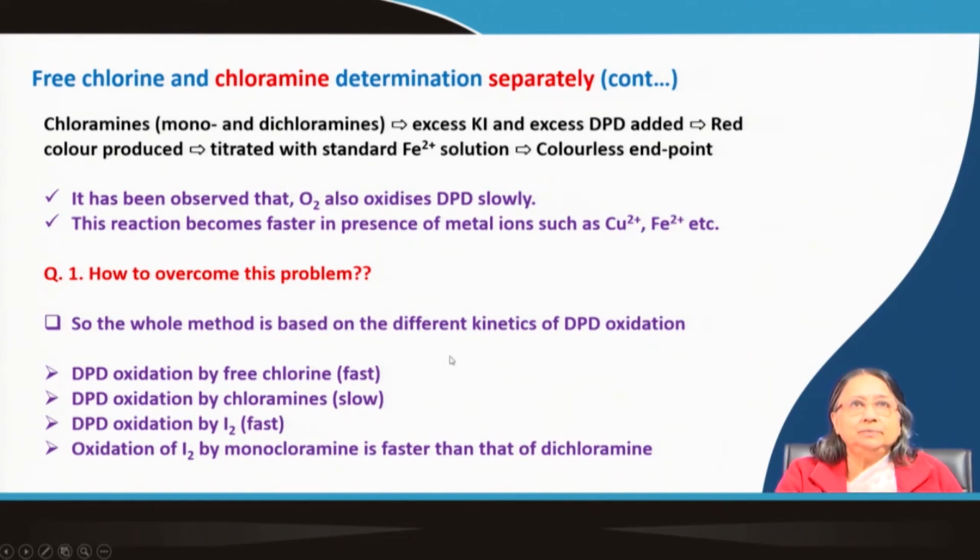The whole method is based on different kinetics of DPD oxidation: DPD oxidation by free chlorine is fast, by chloramine slow, and by iodine fast. Oxidation of iodide by monochloramine is faster than by dichloramine. So you have used all these things in this measurement.